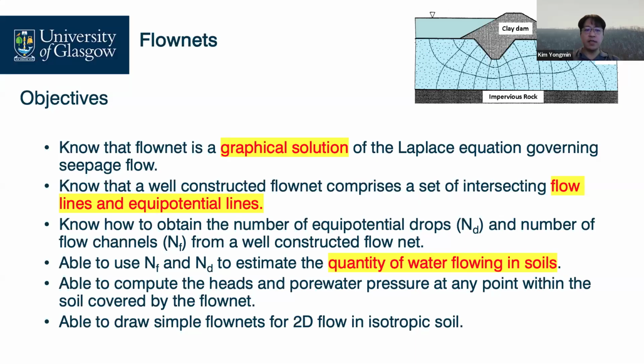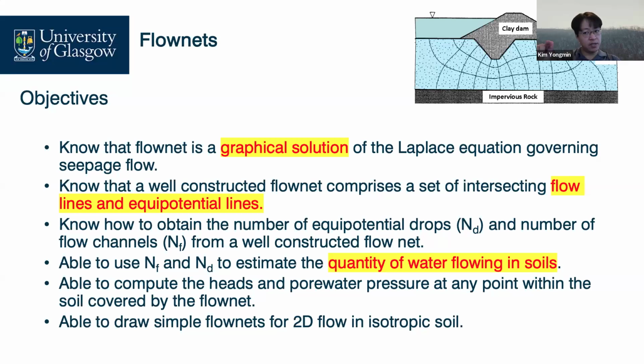So from the flow net, by quantifying the graphical solutions, we can figure out the flow line and equipotential line, new terms: flow line, equipotential line. From this net, we can quantify water flow. Flow rate, small q. q equals kiA.